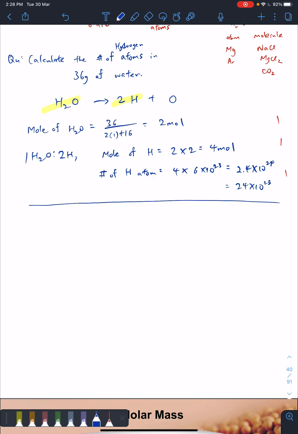Okay, so now let's try another question. So now this question looks like this. Calculate the mass of 1.8 times 10 power 24 carbon dioxide molecules.